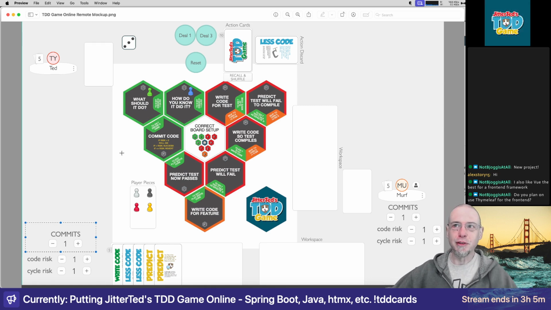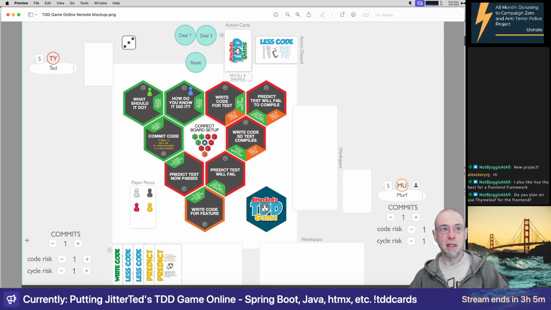So again, for more details and a walkthrough of this, go ahead and go to tdd.cards, and there's a video that has that. Each person has commits. There's risk you take on. There's two different types of risk. The other thing is there are variations in terms of the rules.